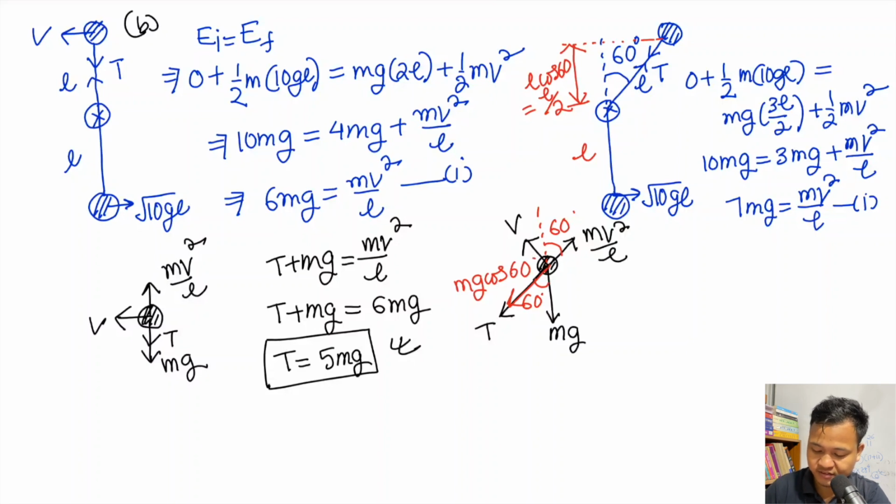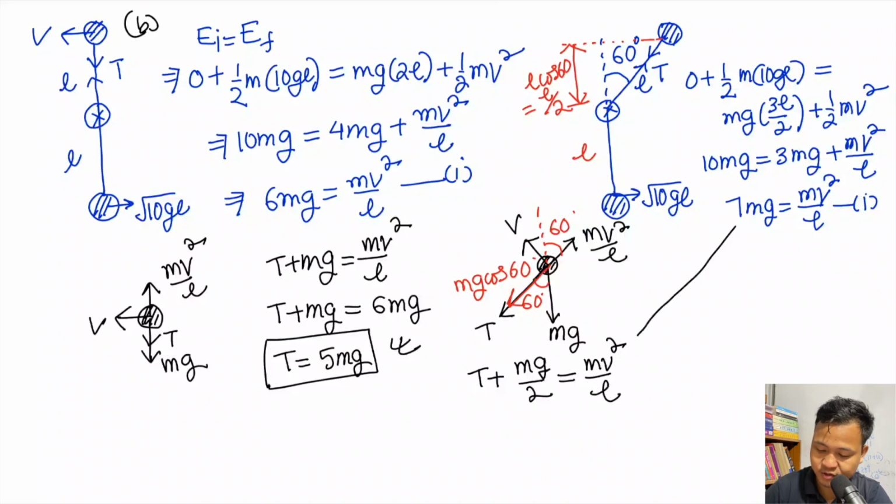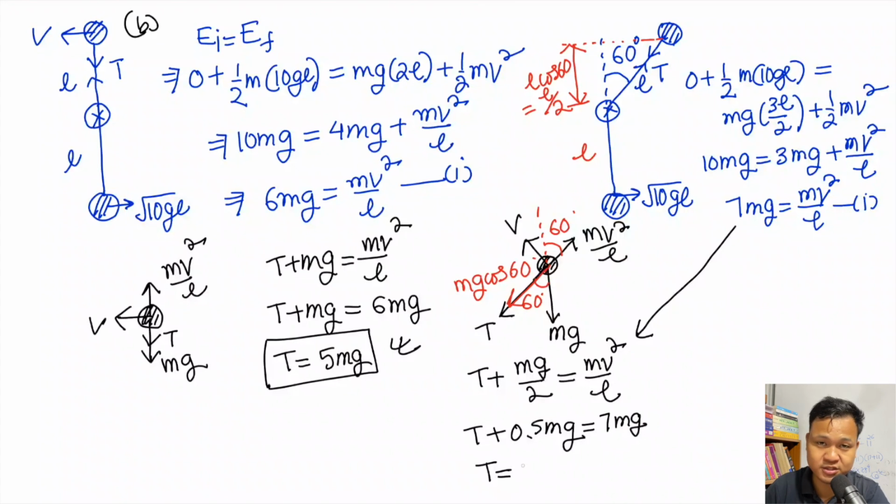Net force is zero, so mg cos 60 plus tension should be equal to mv square by L. So T plus mg cos 60, which is mg by 2, since cos 60 is 1 by 2, should be equal to mv square divided by L. Putting in mv square by L, T plus 0.5 mg should be equal to 7 mg. Therefore T is equal to 7 minus 0.5, so 6.5 mg. This is the answer.